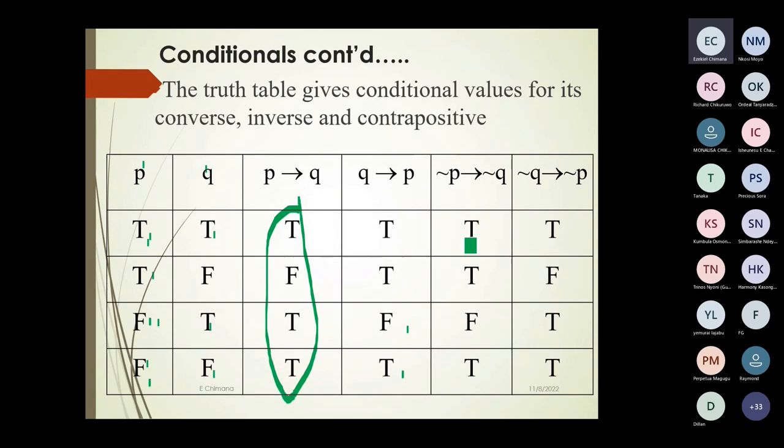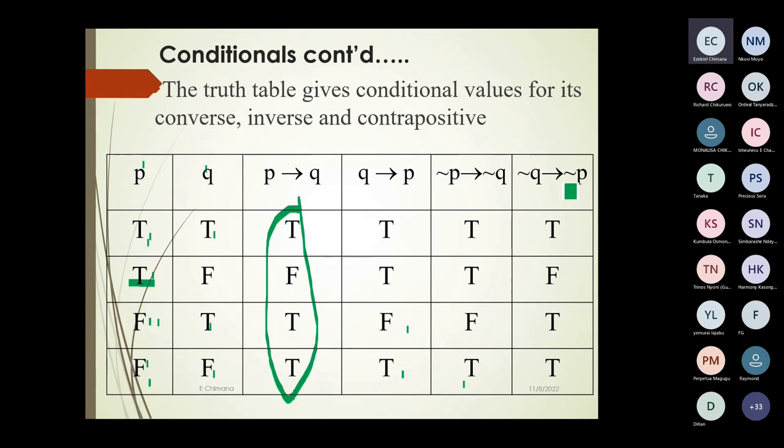That's why we've got a true here. And then here, we flip it because it's the negation of P, it will become false. And this one, we flip it, it will become true. Then false implies true, which is true. Then here it will be true implies false, which is false. Then true implies true, which will be true.